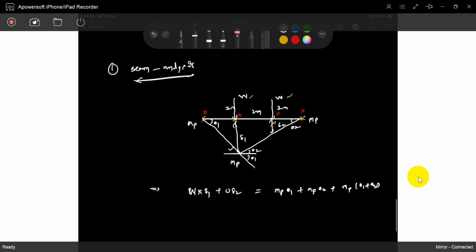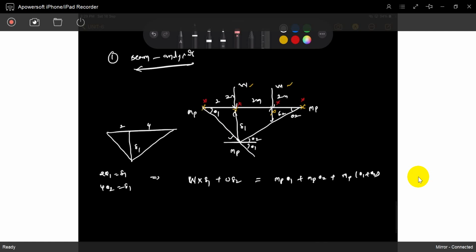That's it. So you can write everything in terms of theta 1 and theta 2. You can see this total is 4, this is 2. 2 theta 1 is delta 1, 4 theta 2 is delta 1.